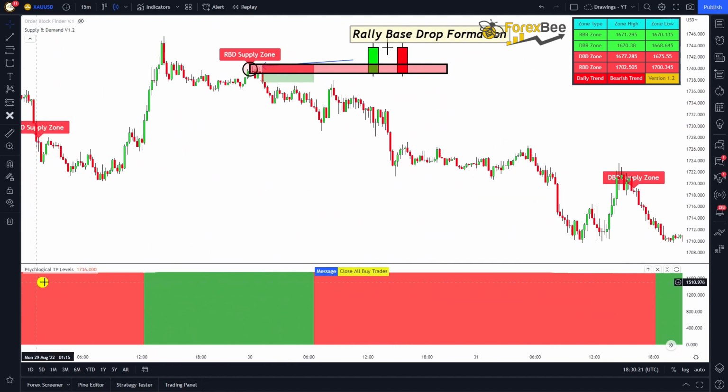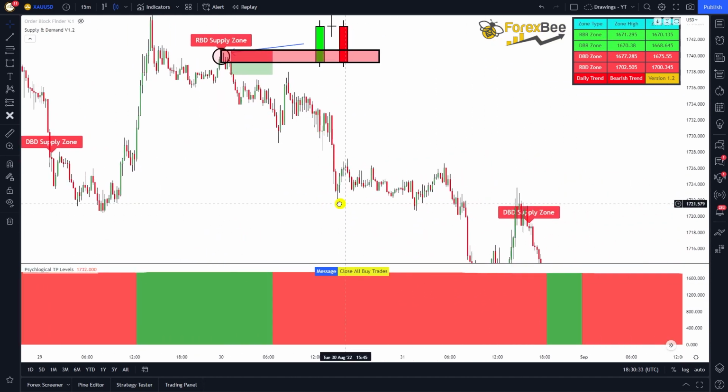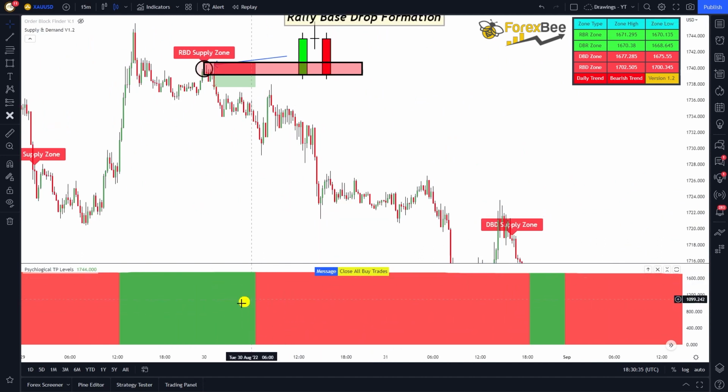Now this psychological TP levels indicator is used to determine the take profit levels for supply and demand zones, and you can also use this in other strategies. So we made this indicator in order to overcome your psychological fears of the market, because these zones are only drawn when the market is moving in whichever trend it is moving.